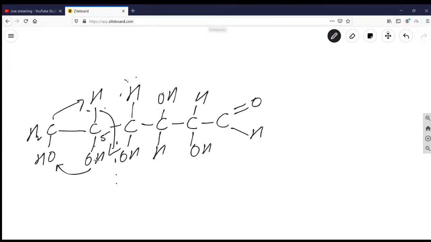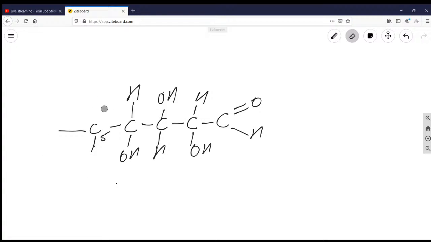Once we rotate it like this, we will get the H coming this side. Here it was OH, it went this side, and CH2OH went here.